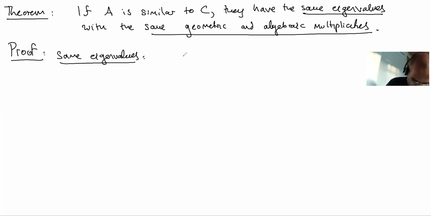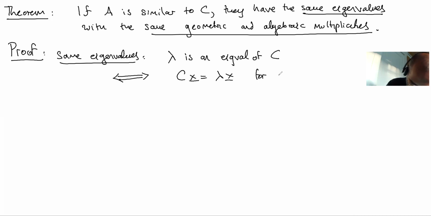Lambda is an eigenvalue of C if and only if Cx equals lambda x for some x not equal to 0. That's the definition.